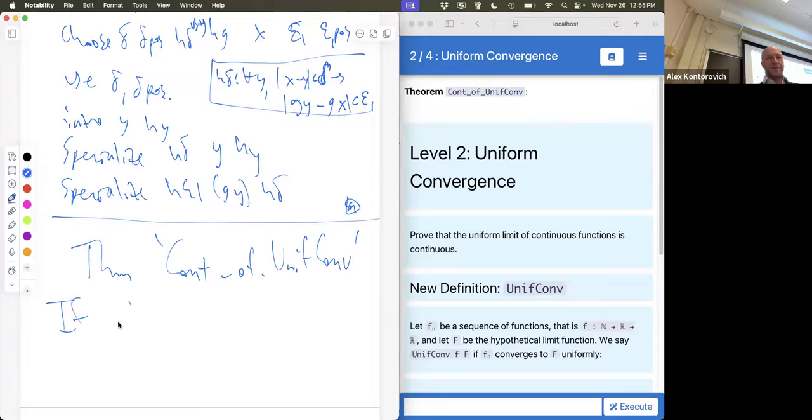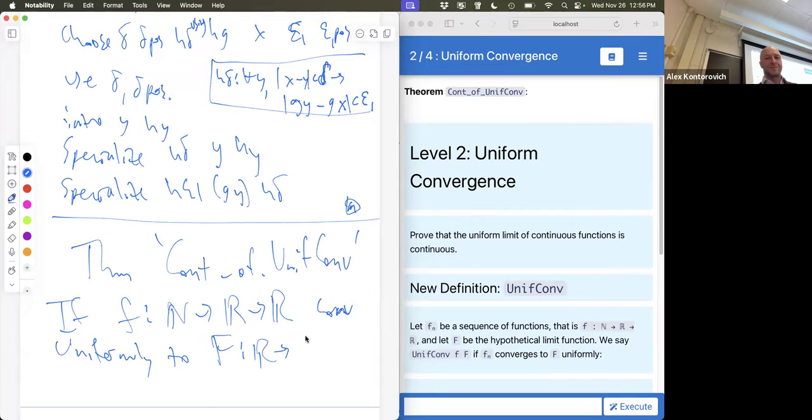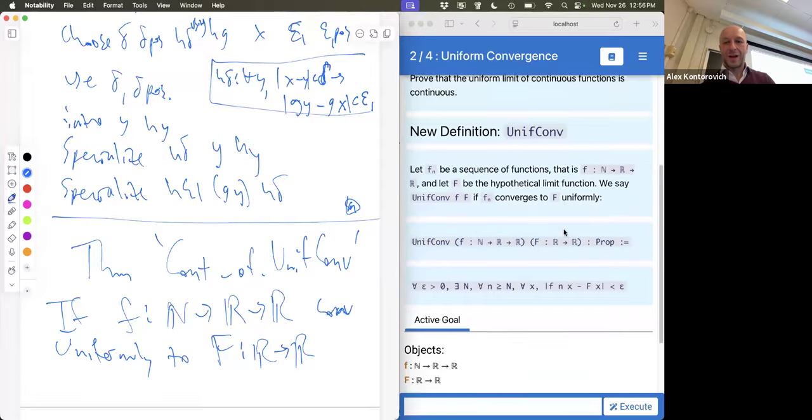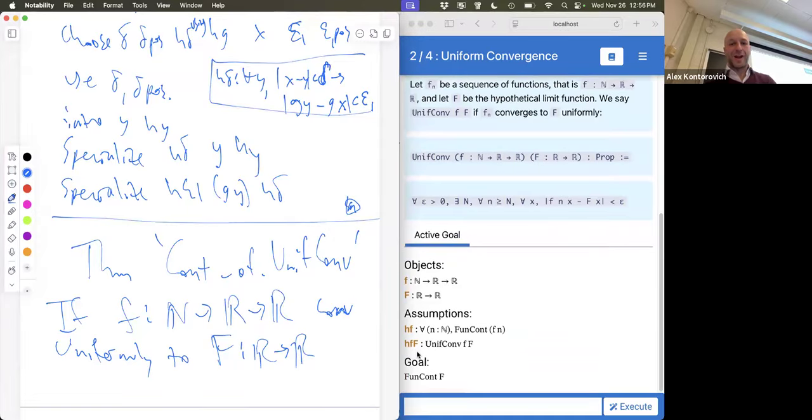If f, which is a sequence of functions, converges uniformly to capital F, so that hypothesis is called HFF.